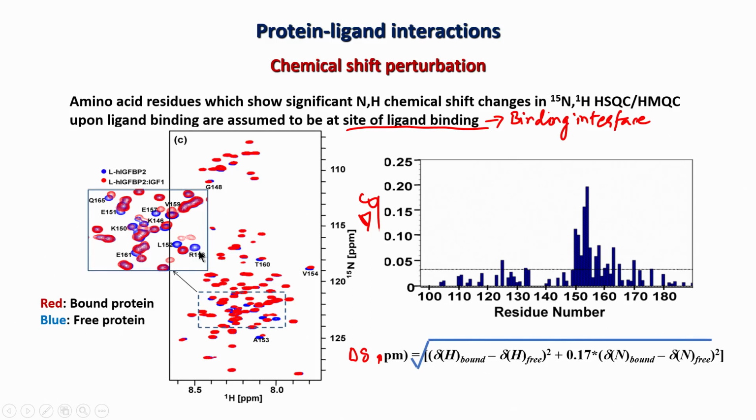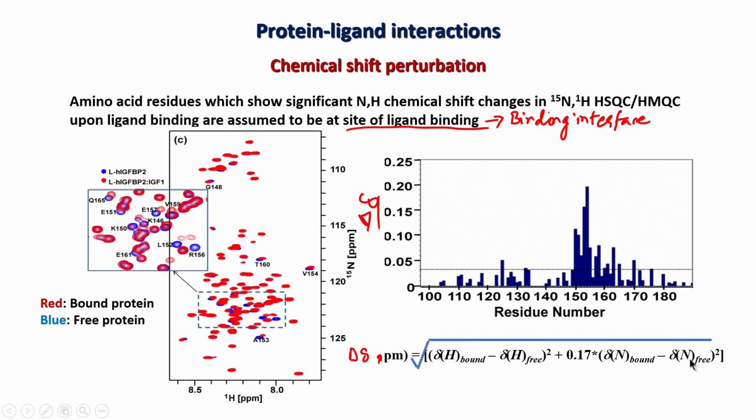Take for example R156: you calculate this difference between the red and blue color in the proton dimension, meaning the horizontal axis. Then you add the shift in the nitrogen axis, N15. If there is a vertical shift between the red and blue, that difference in the N15 dimension is also taken, but it is scaled down because the gyromagnetic ratio of N is small.